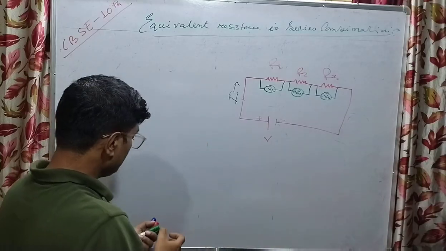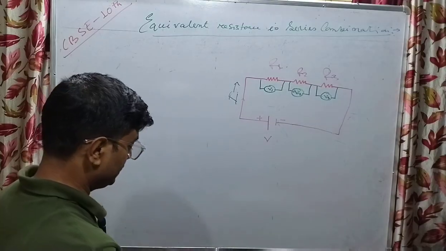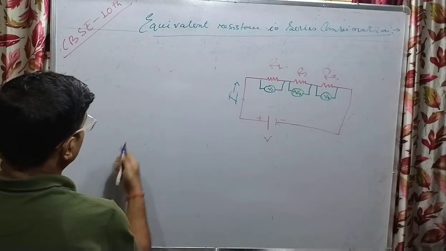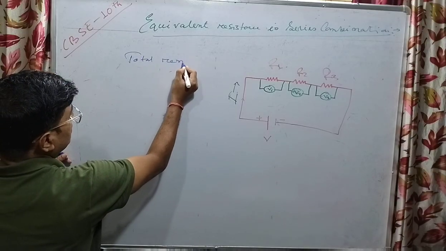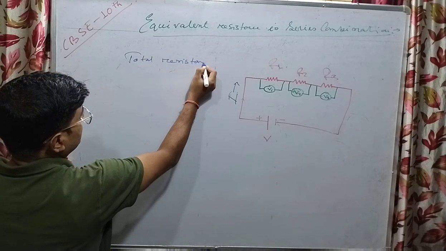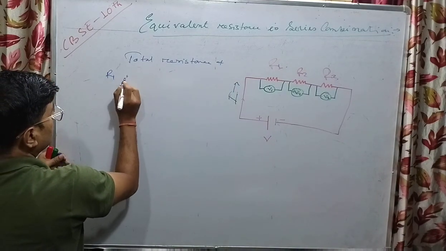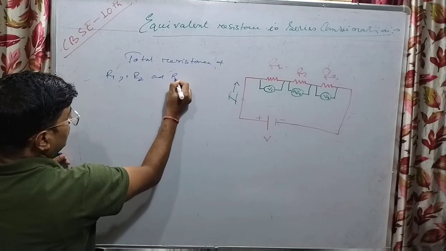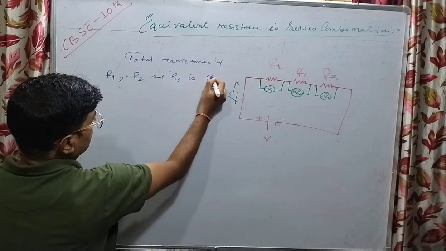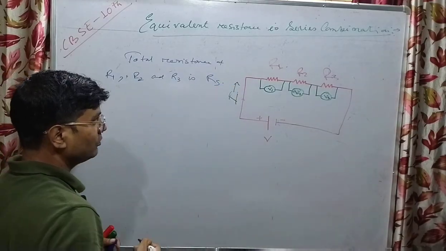See, the total resistance, or equivalent resistance of R1, R2 and R3, is supposed to be Rs.